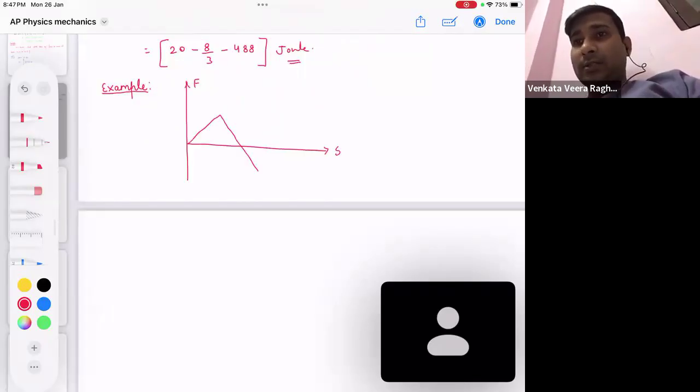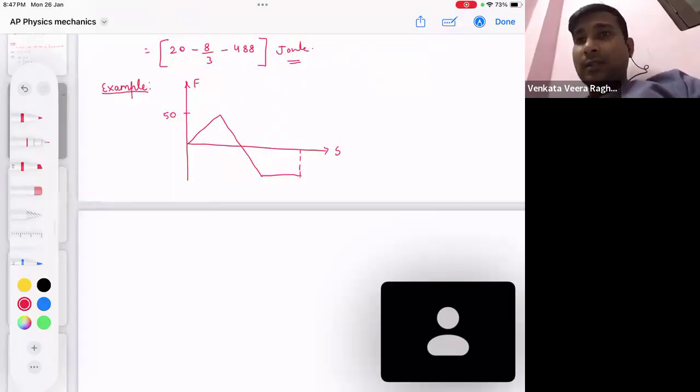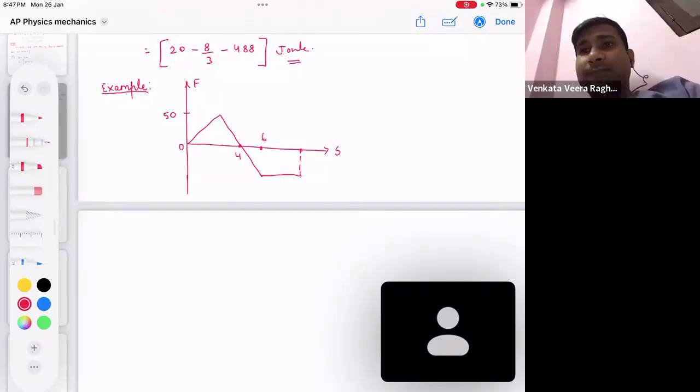This is given to us up to this, 50 Newton. This is 0. This is 4, right? And this is given to us as 6. This is given 8.